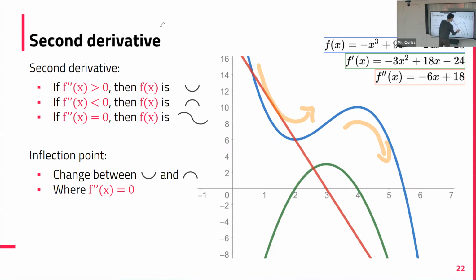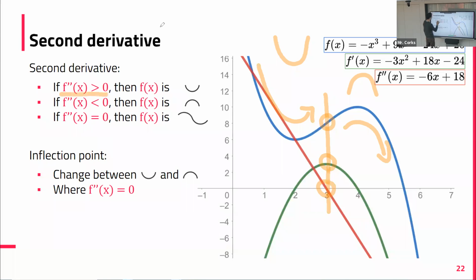Where x is equal to 3, right about here, the pattern changes. Before this, it looks like an x squared graph, and after that, it looks like a negative x squared graph. There's this flip between the two. And notice that flip is happening where we have a maximum point on our first derivative and a 0 on the second derivative.